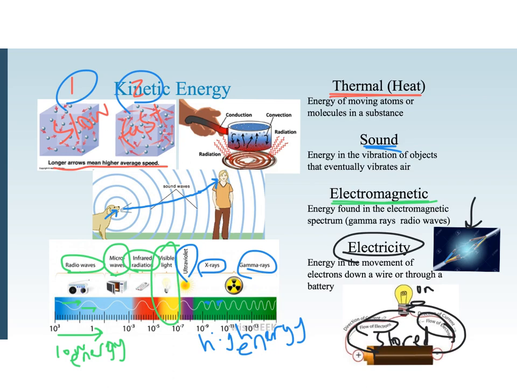Interacting with each other, I guess, would be a better way to put it. So matter and energy are always interacting with each other, energy making matter move, or having the potential to make matter move. So that's the difference between matter and energy.